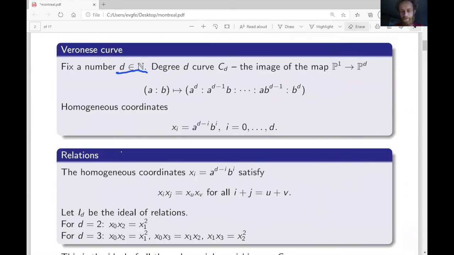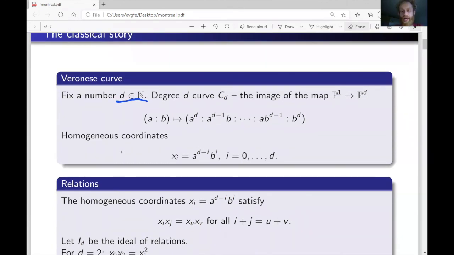Also, we consider the map from P1 to PD, and the map is very concrete. We send a pair (A, B), an element in P1, to an element in PD given by explicit homogeneous coordinates.